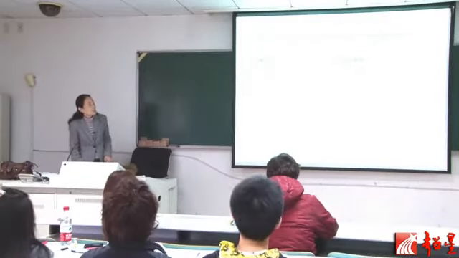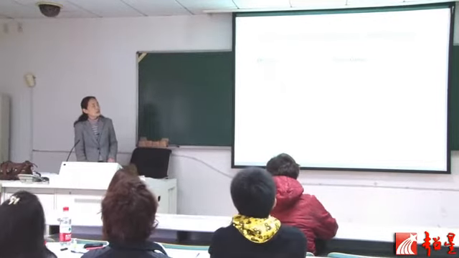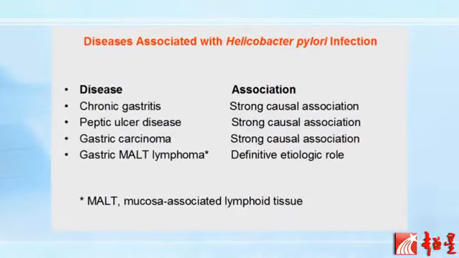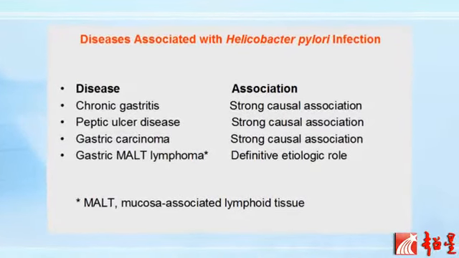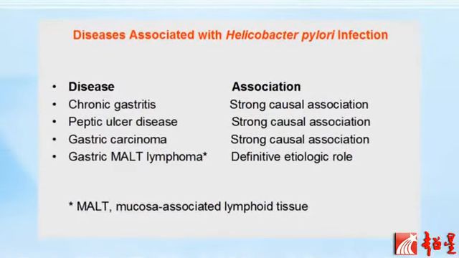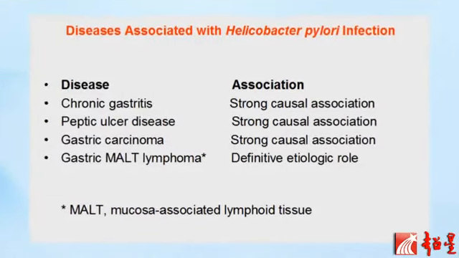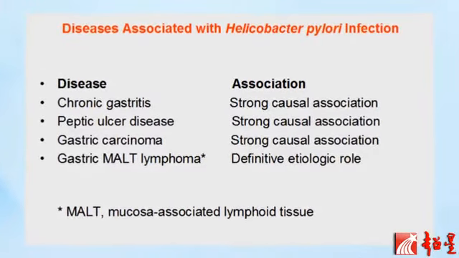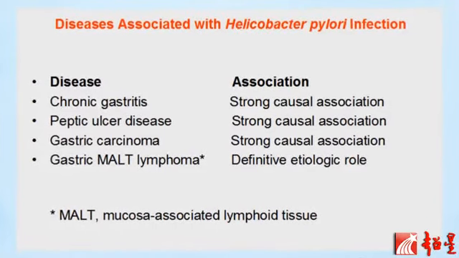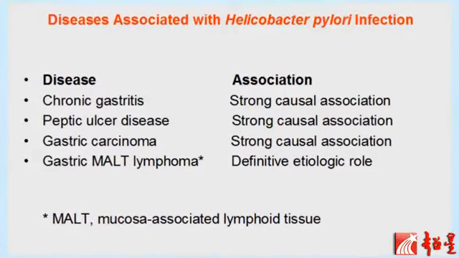Now let's see here. The associated disease with HP, including chronic gastritis, including the peptic ulcer, including the carcinoma, also including the lymphoma in the stomach. This kind of mucosa-associated lymphoid tissue lymphoma, MALT lymphoma. So for this kind of lymphoma, it's definitive etiologic role for this HP.